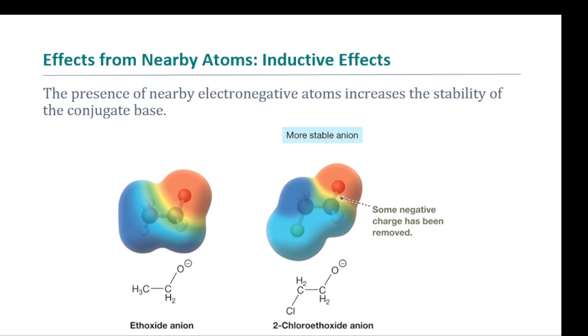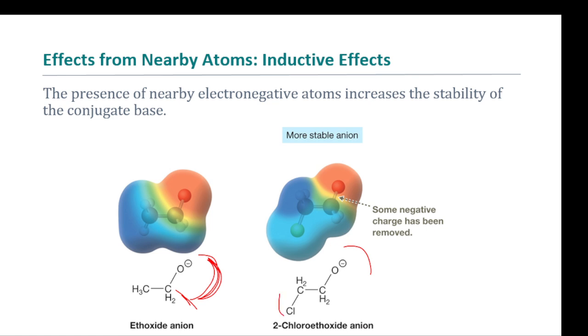And so we see two examples here. We see an ethoxide here, see that? And because of the extra electron density, the carbon's going to have a bit more electron density than it normally would, right? Because the oxygen's going to be overloaded. Over here, though, we see another ethoxide, but this one has a chlorine over here. Can you see that okay?